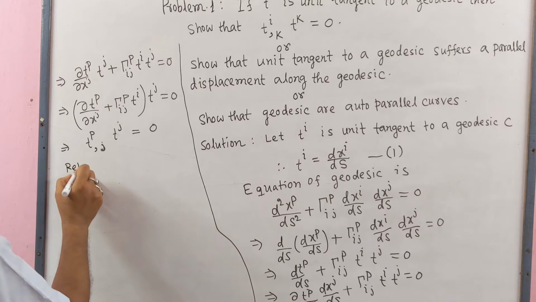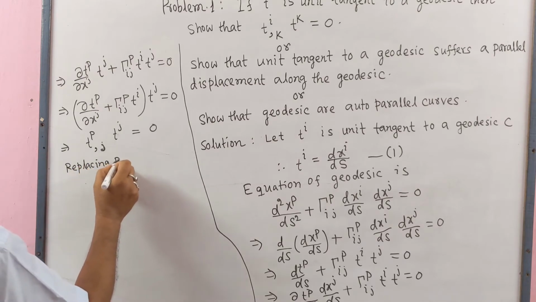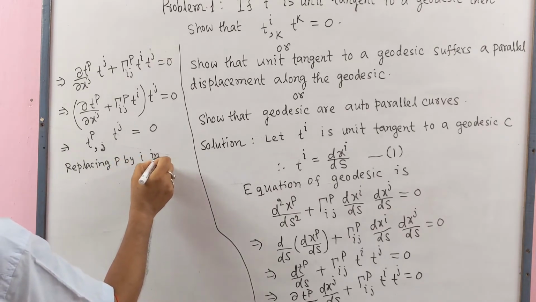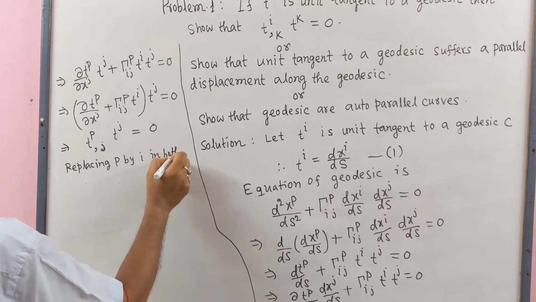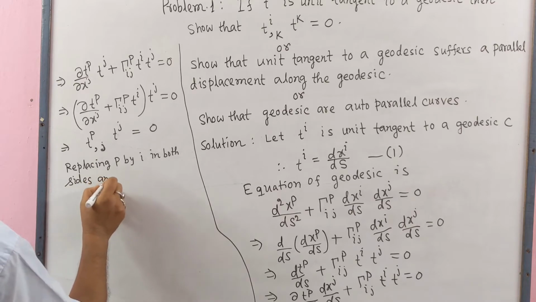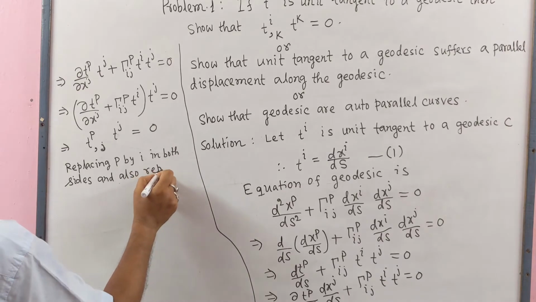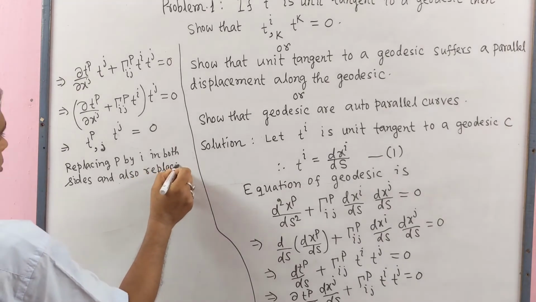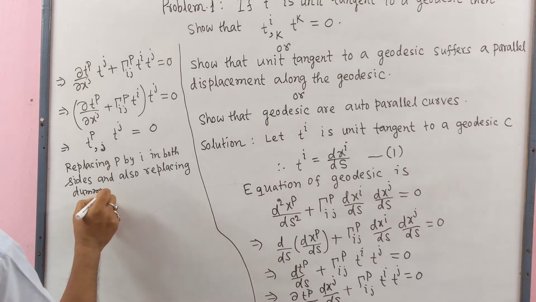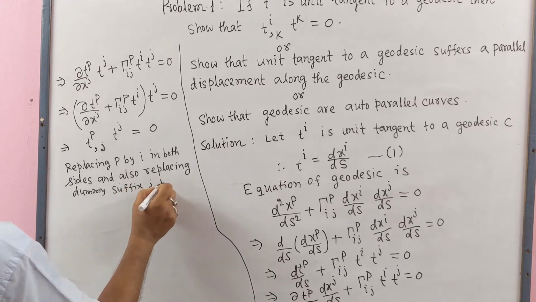Replacing p by i on both sides, and also replacing the dummy suffix j by k.